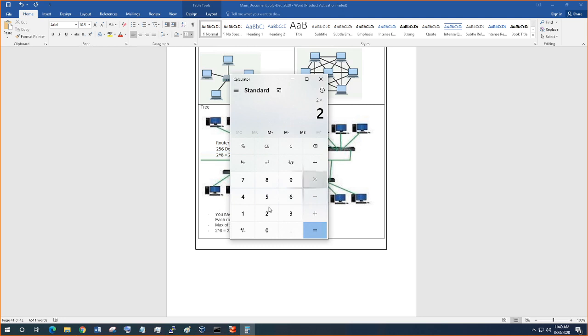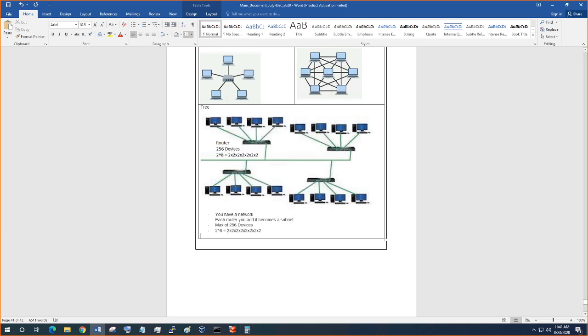Okay, 2 times 2 times 2 times 2, keep multiplying 2 times, and it gives 256. So 1, 2, 3, 4, 5, 6, 7, 8. When you multiply 2 by itself 8 times, it lands at 256. Okay, we'll talk about why it stops at 256 a little later.